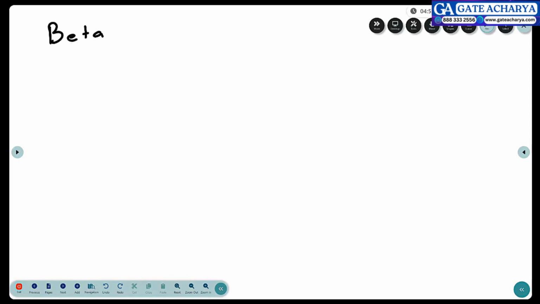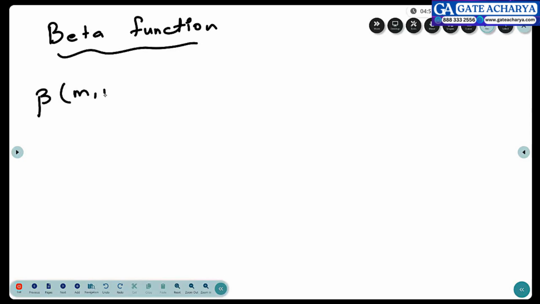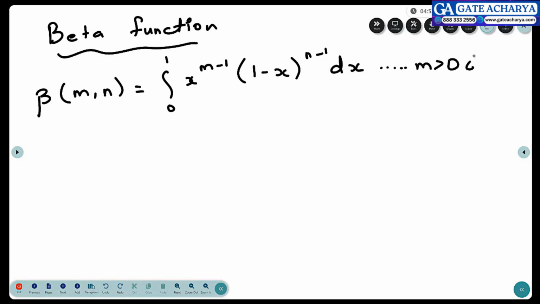So beta functions. Integral 0 to 1 x raised to m minus 1 into 1 minus x to the power of n minus 1 into dx.